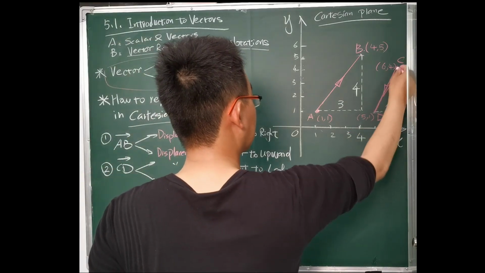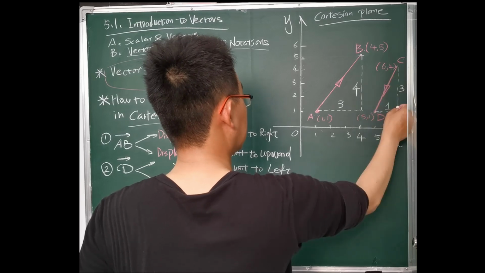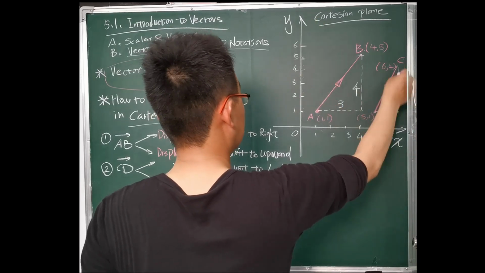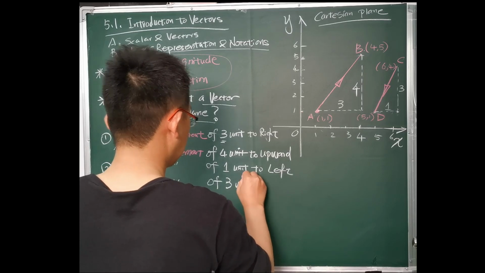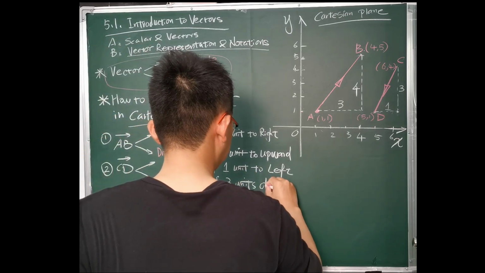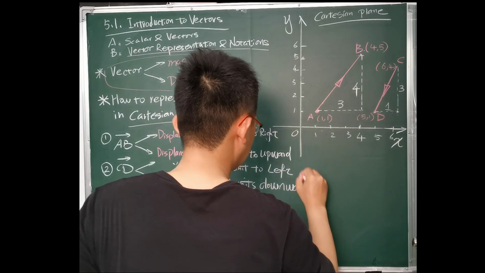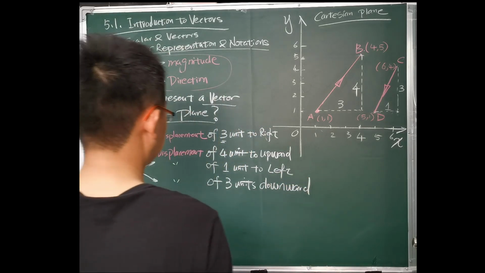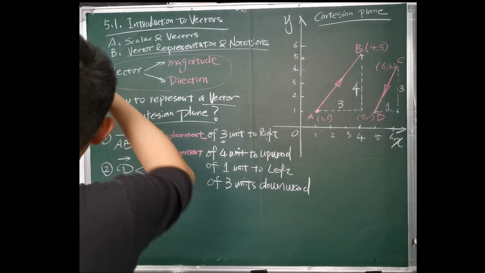This magnitude in this direction is 1 unit, and in this axis it is 3 units. So 3 units downwards.